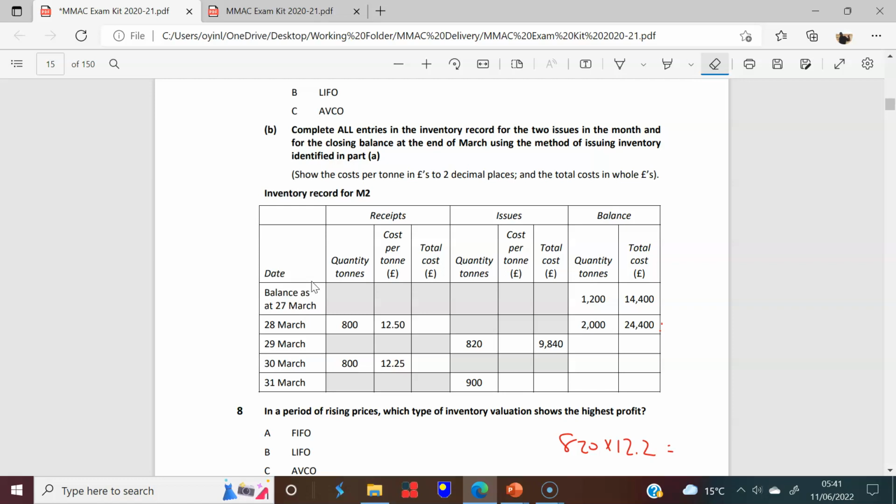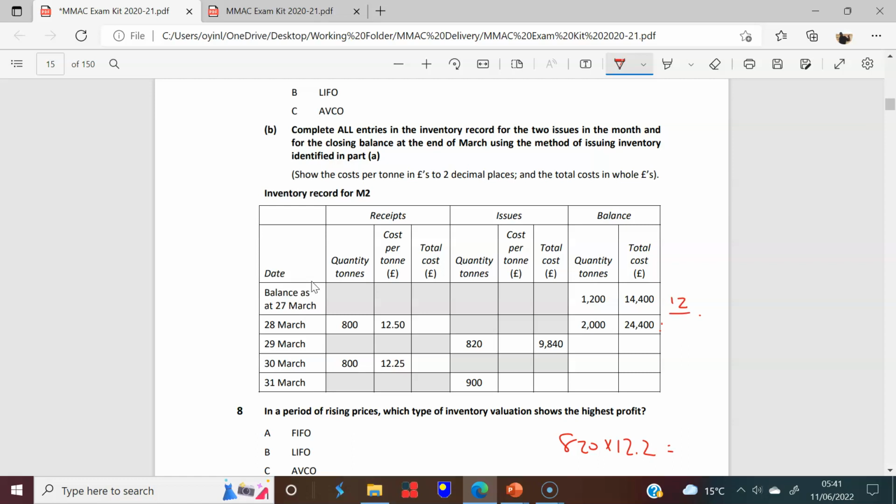Well, there's 820 coming out, so let's find out what the opening inventory valuation is: 14,400 divided by 1,200 units, and that's £12, right? Perfect. So there's £12 here, and this is £12.50.